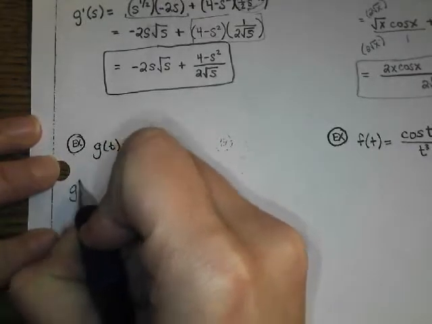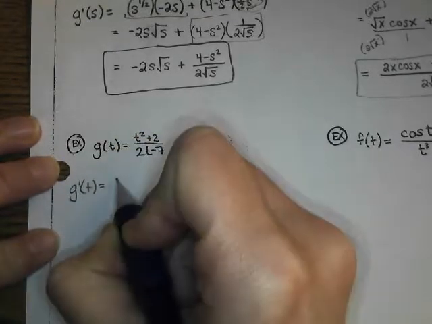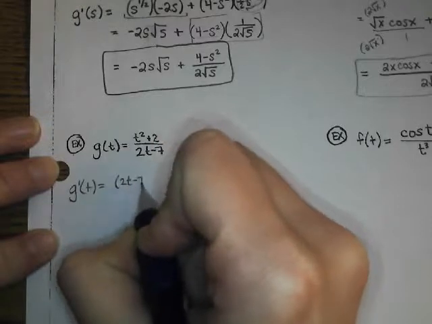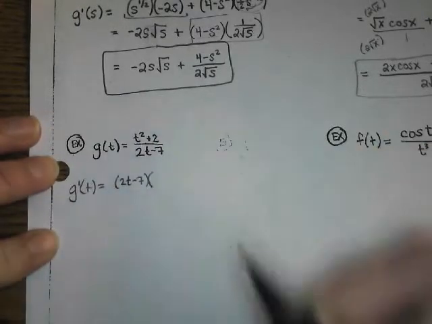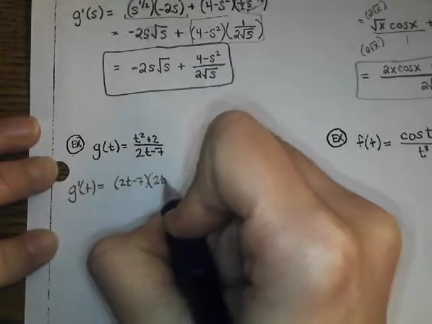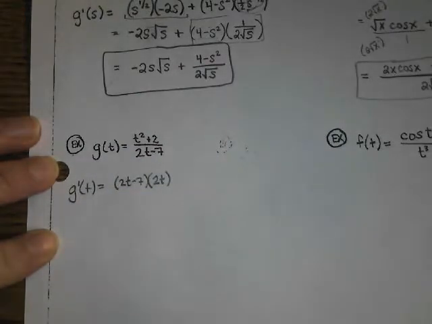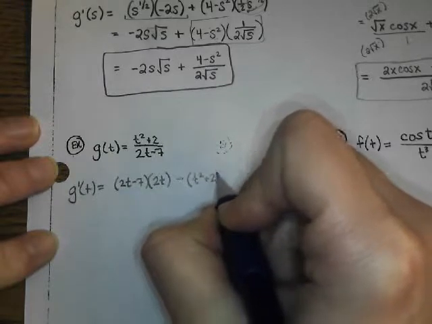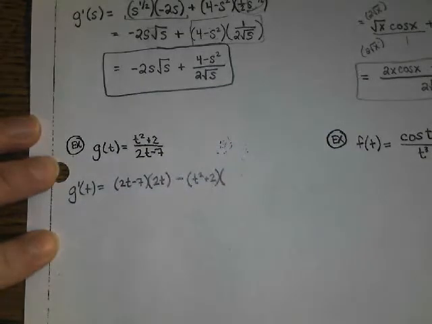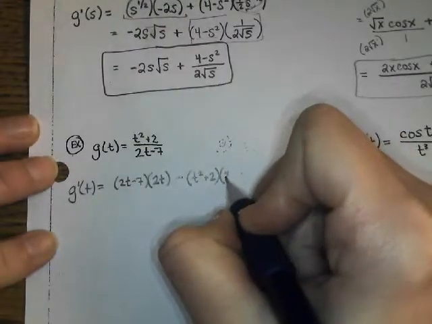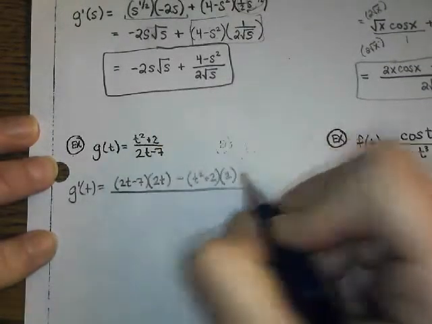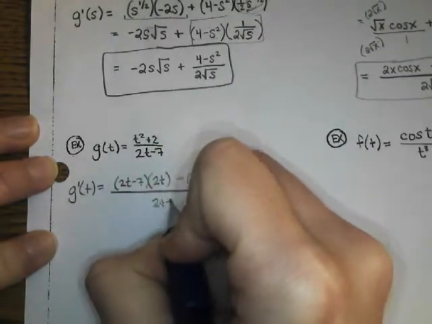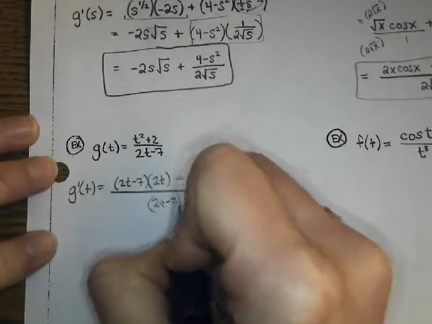I'll do g prime of t equals: the bottom, 2t minus 7, times the derivative of the top, which is just 2t, minus the top, t squared plus 2, times the derivative of the bottom, which is just 2, all divided by bottom squared, 2t minus 7 squared.